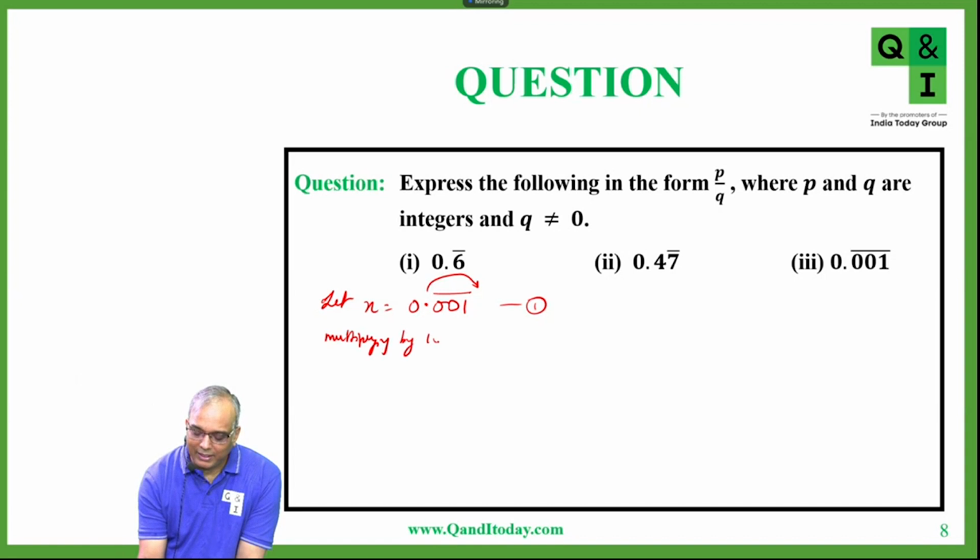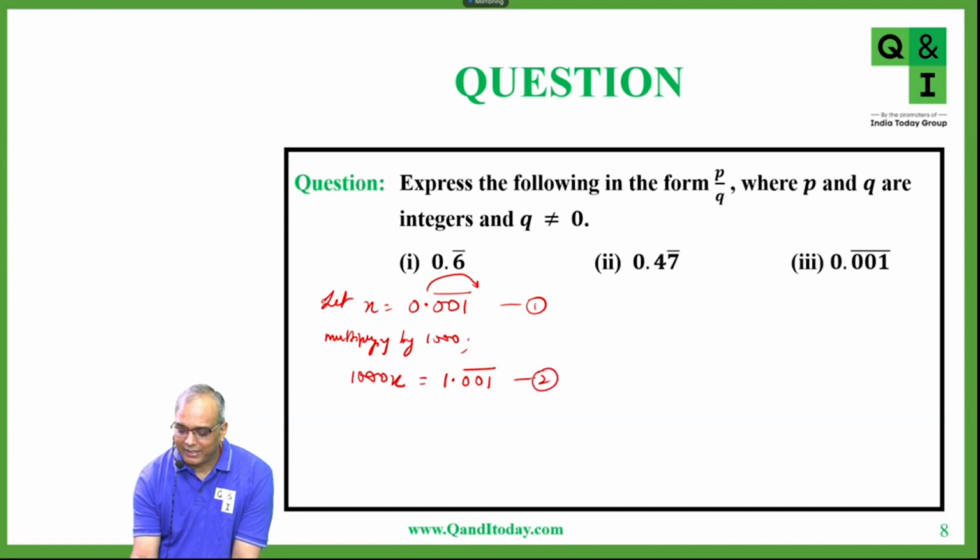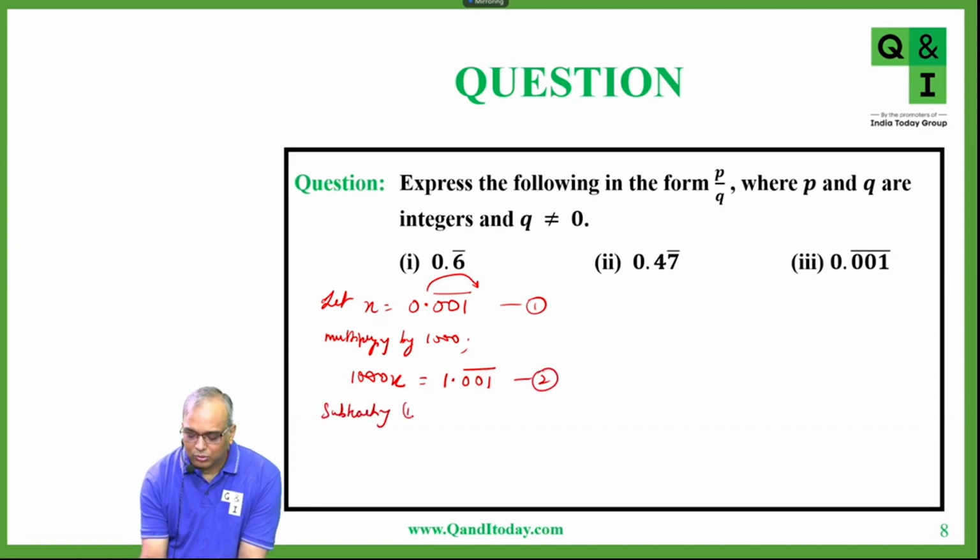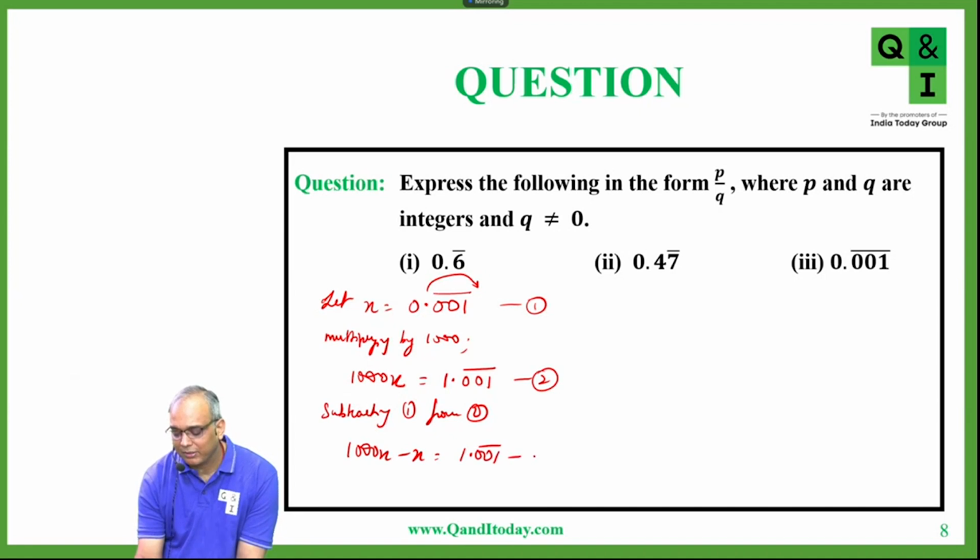So multiplying by 1000, we get 1000x is equal to 1.001 bar. Now subtract 1 from 2. So subtracting 1 from 2, we'll have 1000x minus x is 1.001 bar minus 0.001 bar, which is 1.